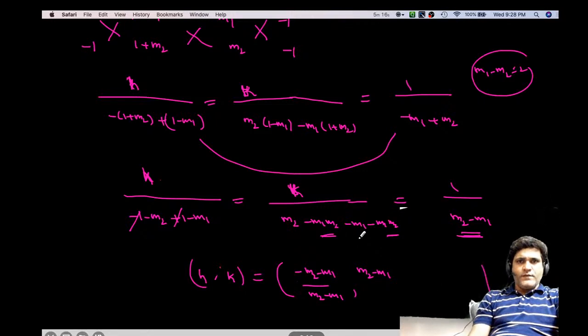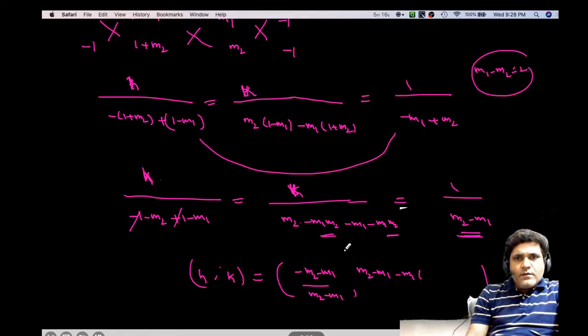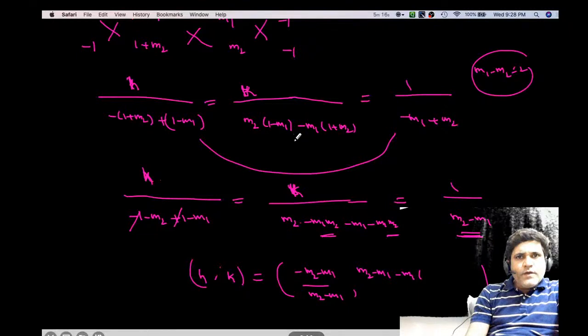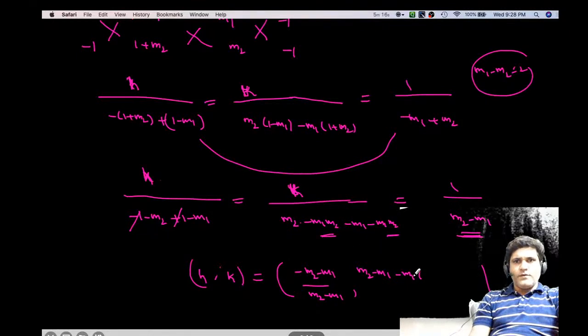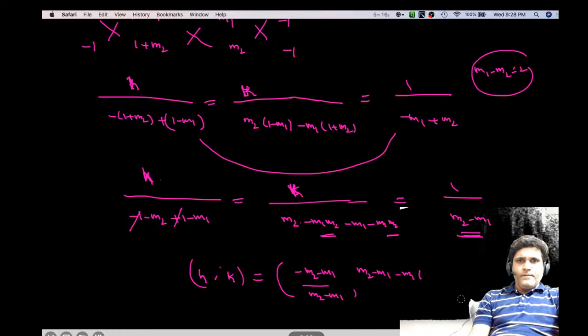Here m1 m2, both are m1 m2 only, no need to take out these two, it is 2 m1 m2 by m2 minus m1.